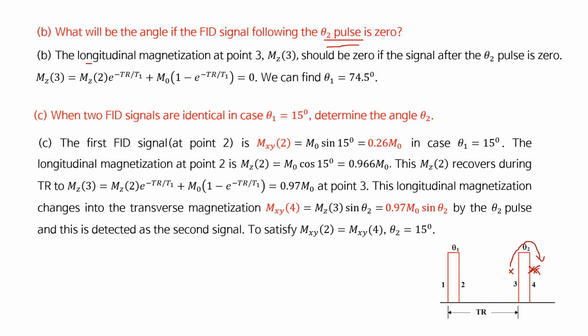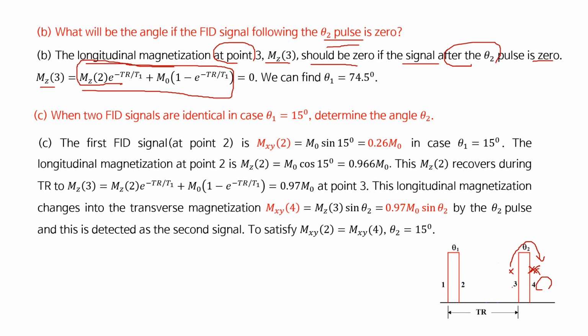So there is no longitudinal magnetization at point 3, so we have 0 signal here. So Mz3, the expression is given by this equation. If we set this expression to 0, then we can get the angle theta 1.